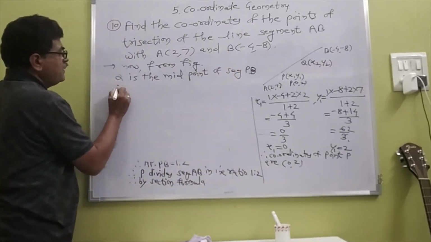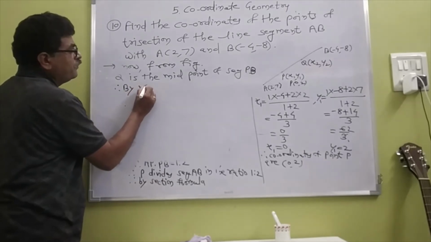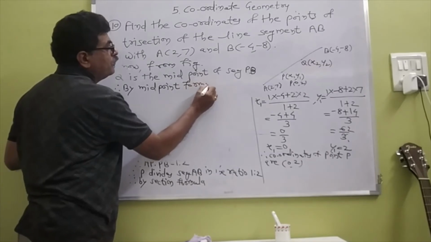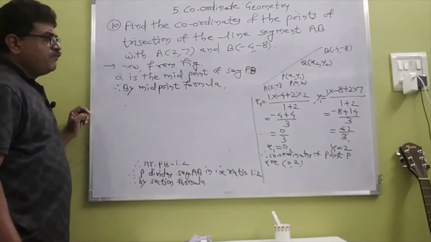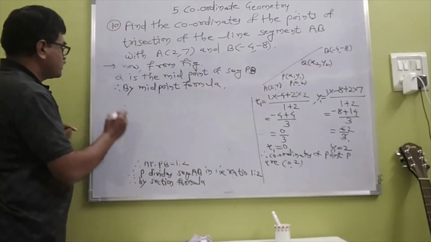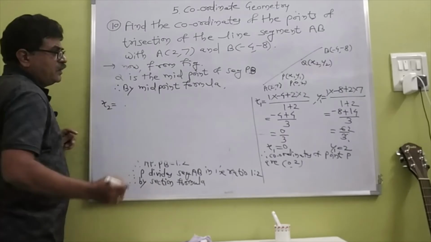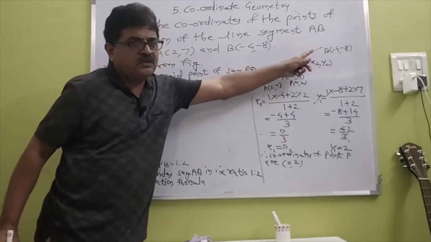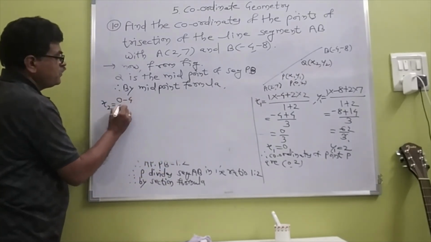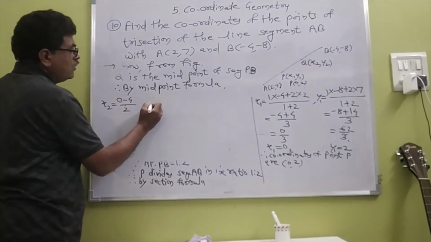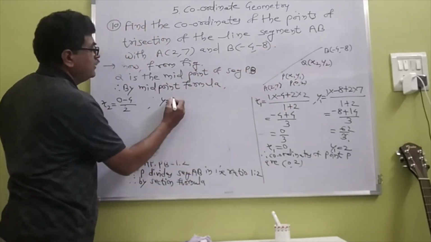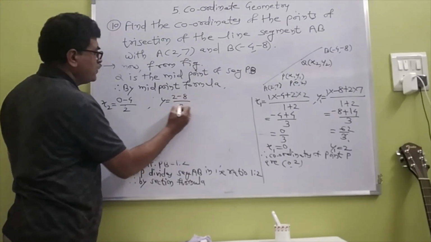Therefore, by the midpoint formula, the x coordinate x2 is equal to (0 minus 4) divided by 2, and y2 is equal to (2 minus 8) divided by 2.